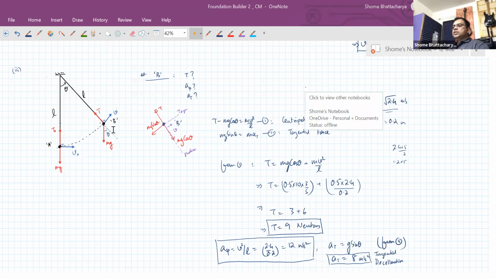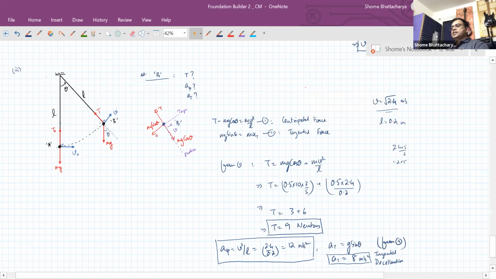How deceleration? Because again, see the direction of v. No? It is opposite to the tangential acceleration. See, the tangential acceleration is in this direction along g sin theta, and the v is opposite to that. No? So it's a deceleration.